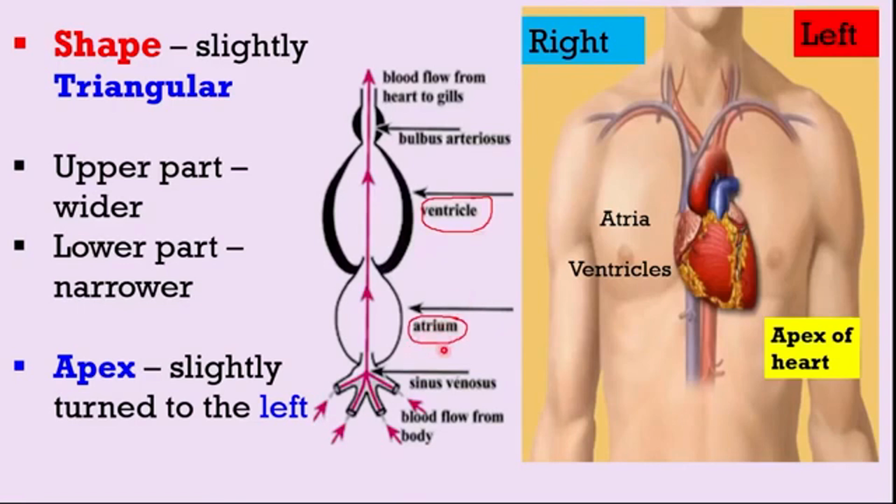As evolution took place, the atria or auricles came up. So the upper part is termed as base and the part with ventricles is said to be the apex of the heart. That's why we say this about the heart of mammals, the heart of human beings. The apex is slightly turned towards the left side.